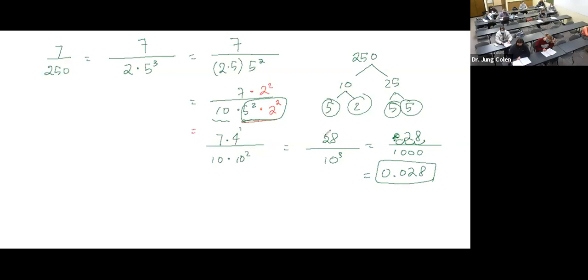Very good? Okay. My question for you is now, what do you notice so far? Our denominators were all about 2 to some power and 5 to some power, weren't they? And our decimal was terminating, or was it going on and on and on?